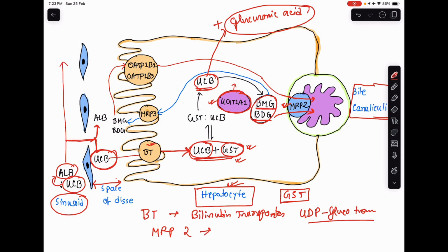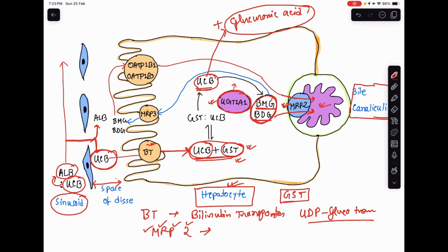MRP2 stands for multi-drug resistance associated protein 2. MRP2 remains in the canalicular membrane, which transports these bilirubin conjugates into the bile canaliculi.